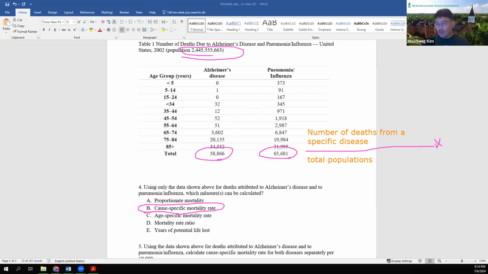So the answer should be B. Please keep this in mind, look at the data and information, and think about what information we need to calculate each mortality rate. Then you can figure out that we can get cause-specific mortality rate using this data.